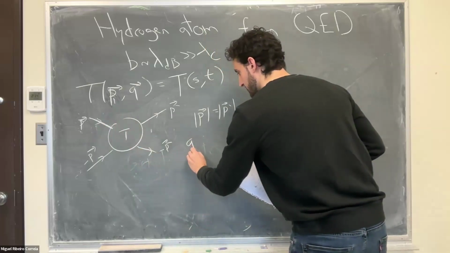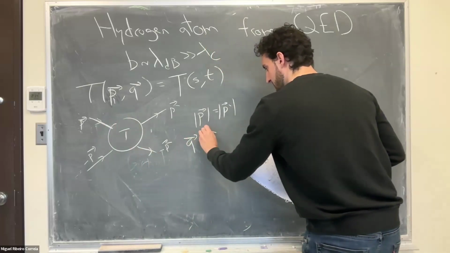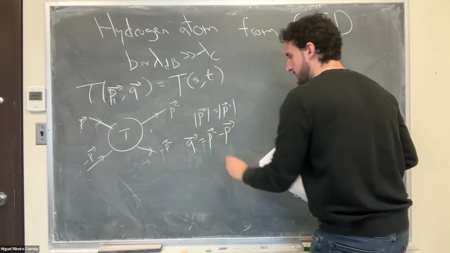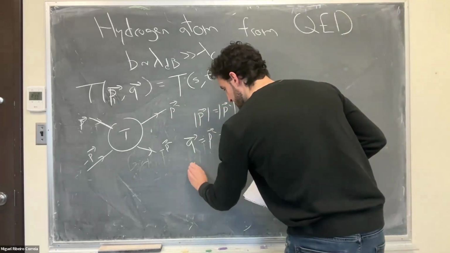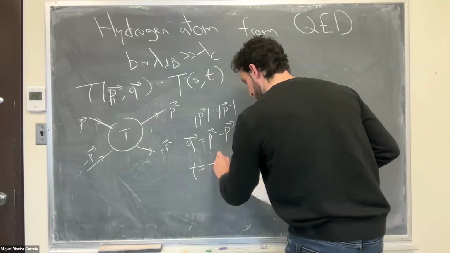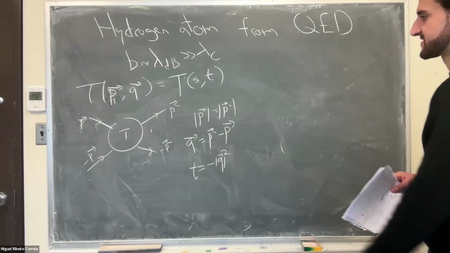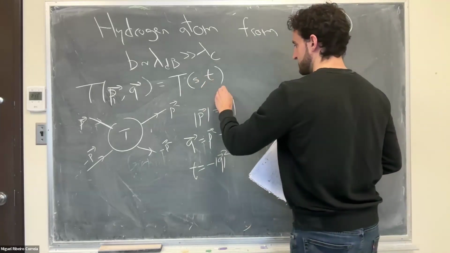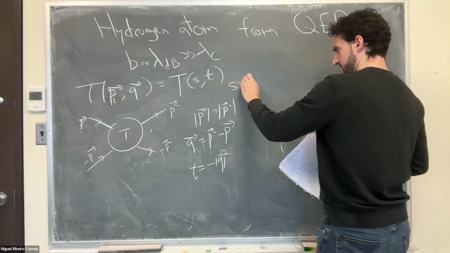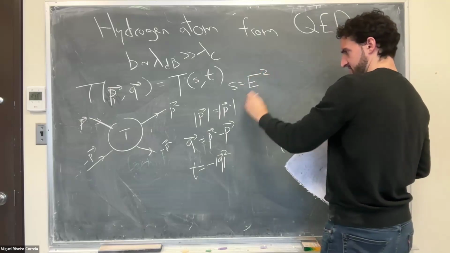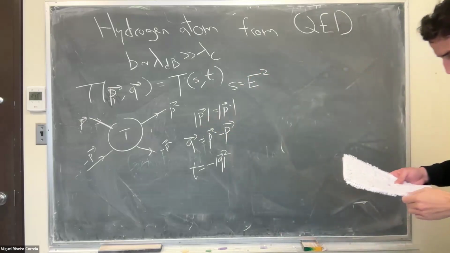The difference I call Q, which is P prime minus P. Q squared is related to T, so T is just minus Q squared. And S is the total center of mass energy, which is related to P.